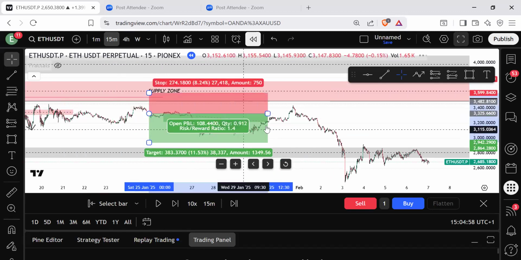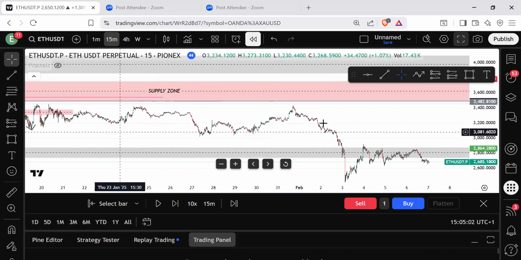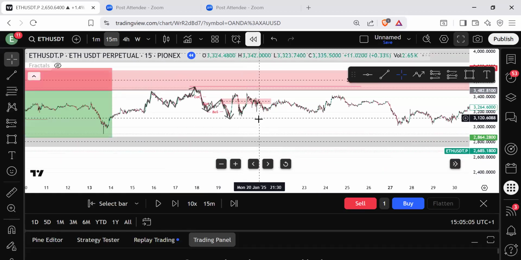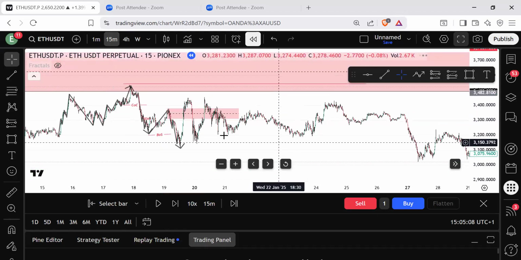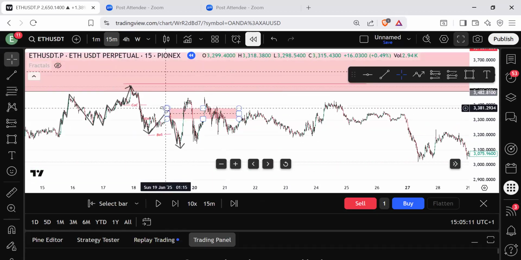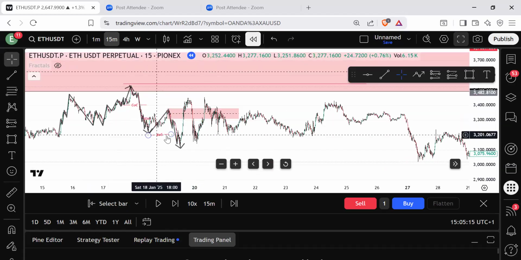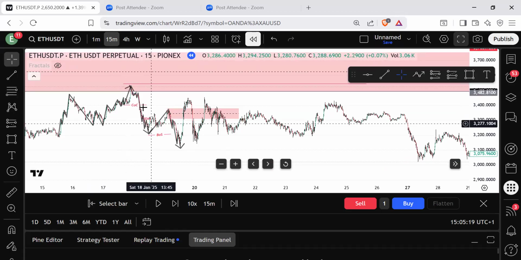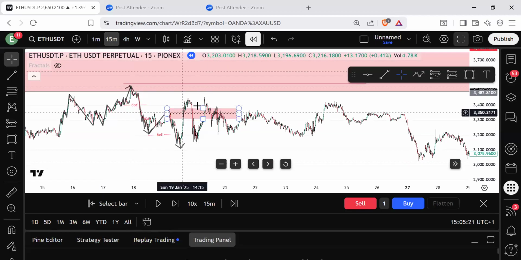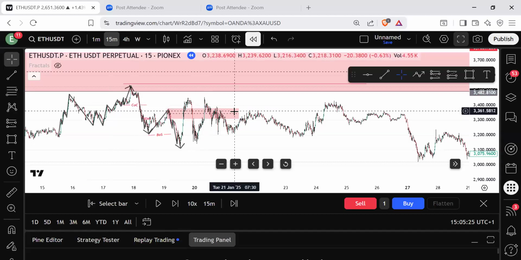We'll still talk more about that in detail. This was just an overview. I think we will discuss more about the entries. So the stop loss in this case on this 15 minutes has to be above this point where the trend started changing.